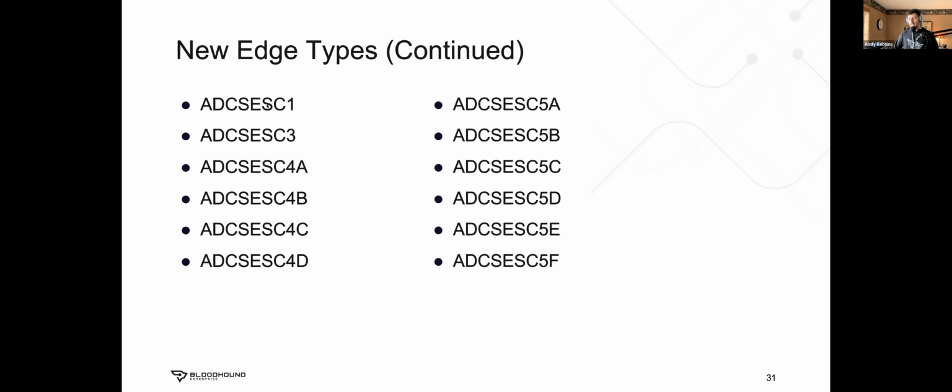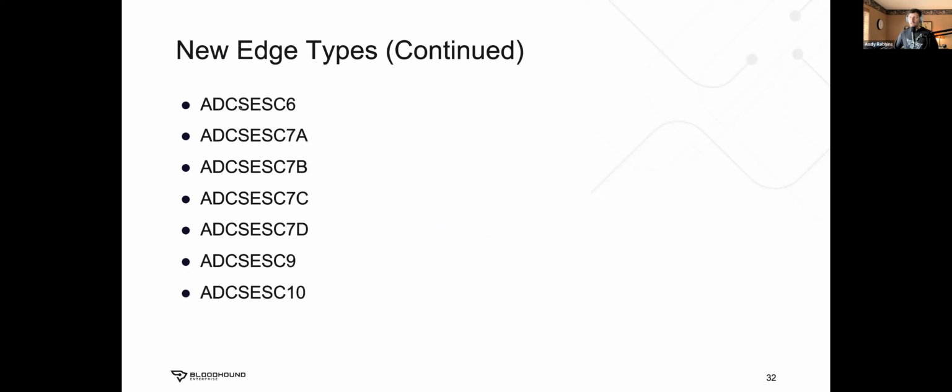So you don't need to do the manual hunting for what the path is from a user to domain admin, for example, through an ADCS escalation primitive. BloodHound will do that for you, and you'll see how it does that in the demo. ADCS escalation 6, 7, 9, 10, and then more, possibly. We'll see. But this is what we're signing up for now.